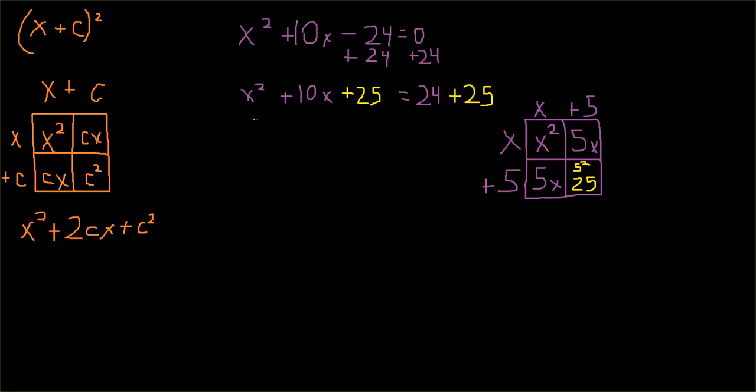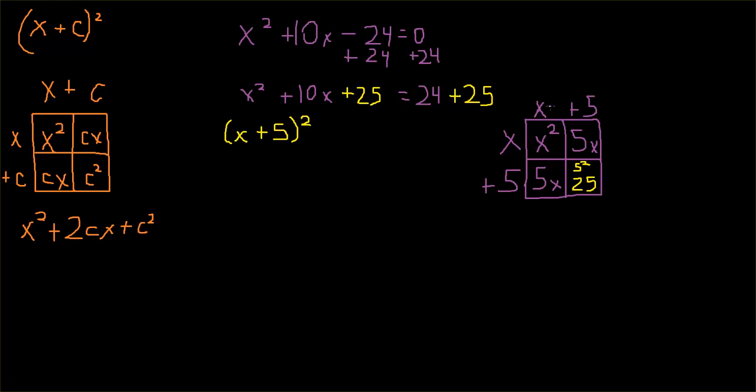So if we look, x stayed the same, so we still have x. We're going to break this down into its factored form. Since we knew that we had to take half of the 10 to get our 5, we have x plus 5 squared.